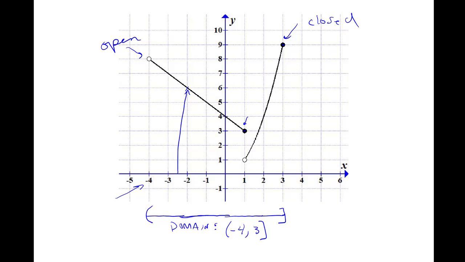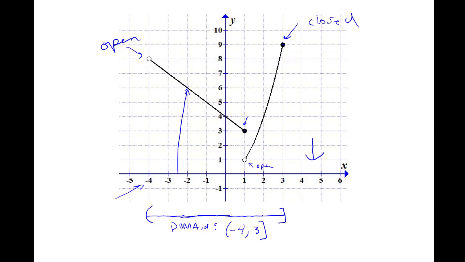Now if I want to look at the range, I look in y. Instead, I look along the y-axis. Coming up from the bottom, you can see the first place that I start to get y values is near 1. So again, I'm going to say open there because that is open. And then I keep going up. Now notice I get y values for a while, from 1 to 3.